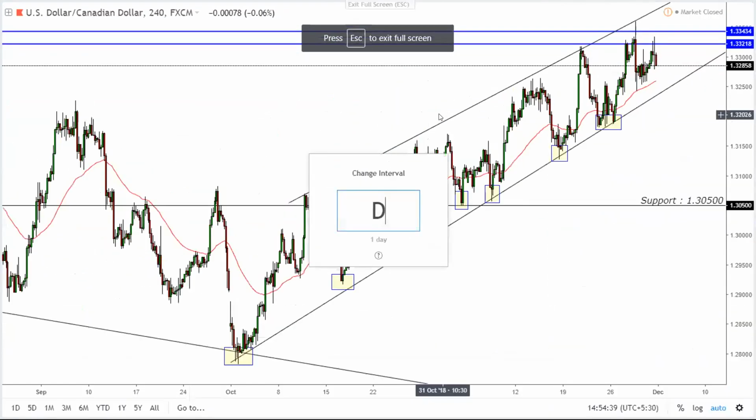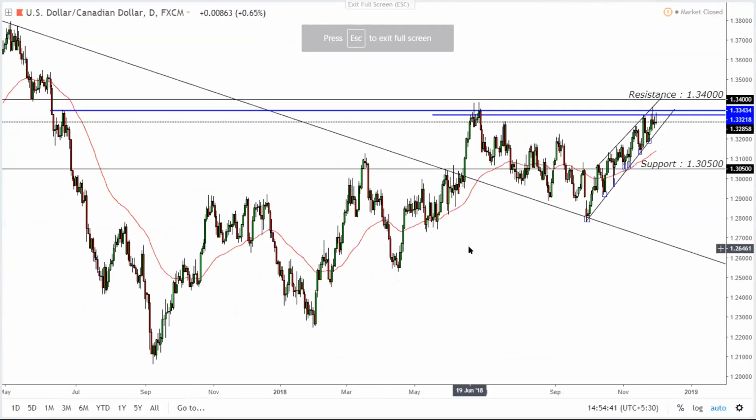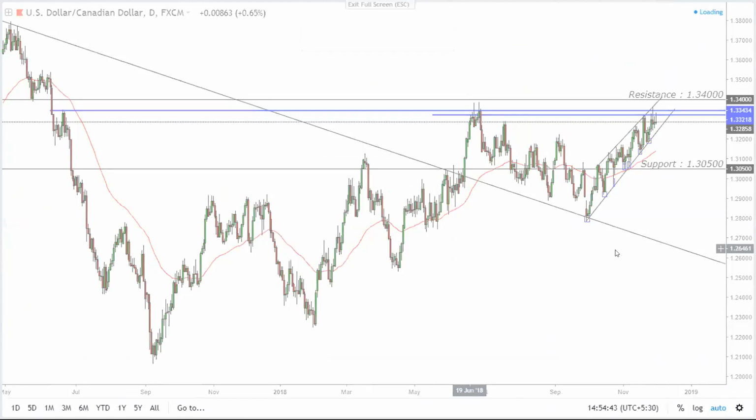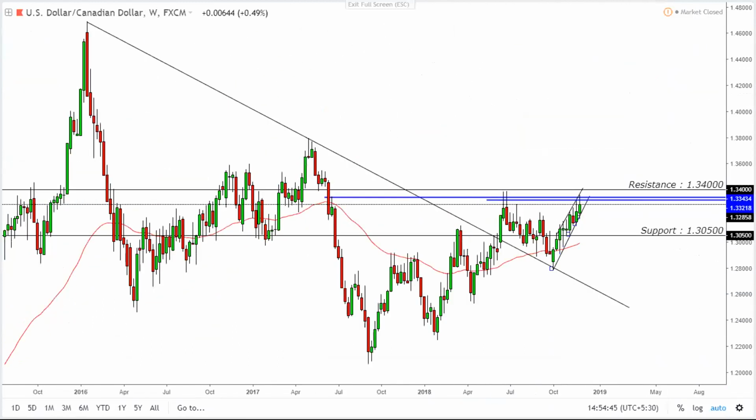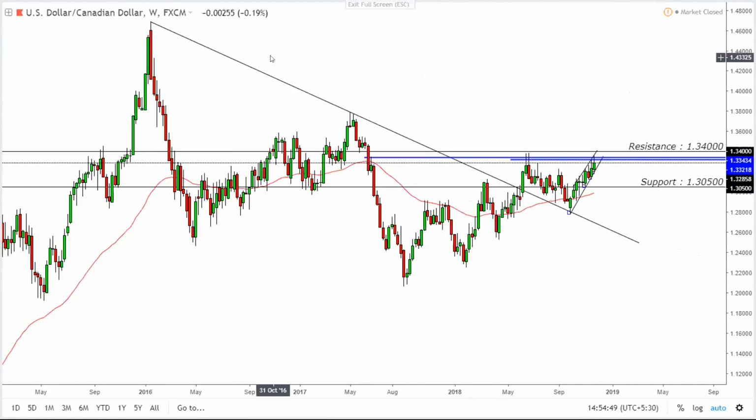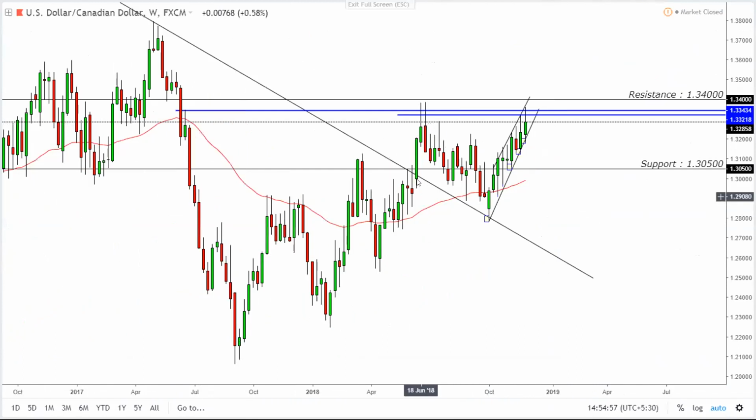Okay, USD CAD. I'm going to give you a clear view, guys, on USD CAD. On the weekly time frame, we can see that we had this bearish trend line, and the market broke this.